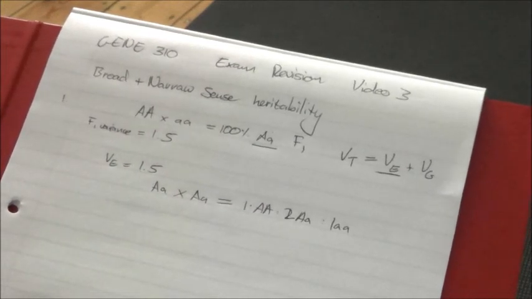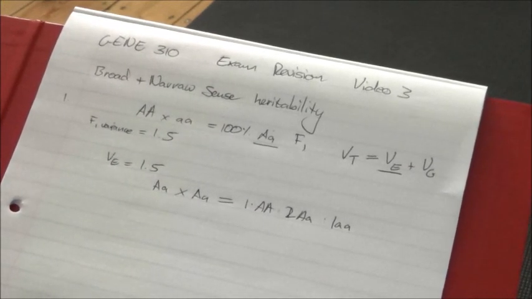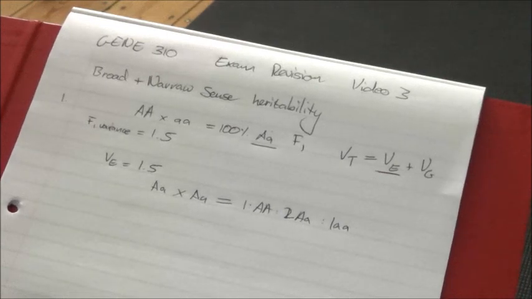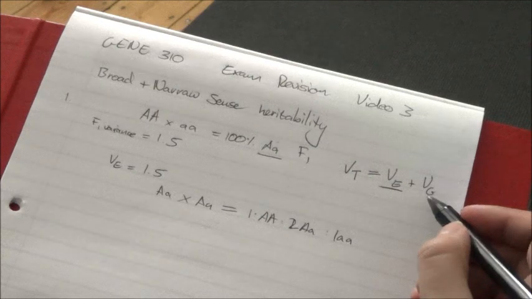Now there is genetic variation in this generation because there are individuals with different genotypes. So we assume that there is a genetic component now.